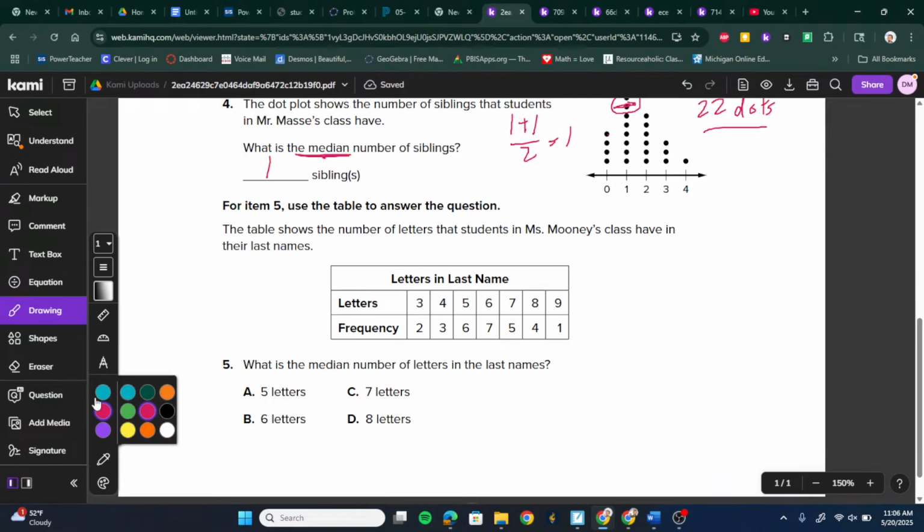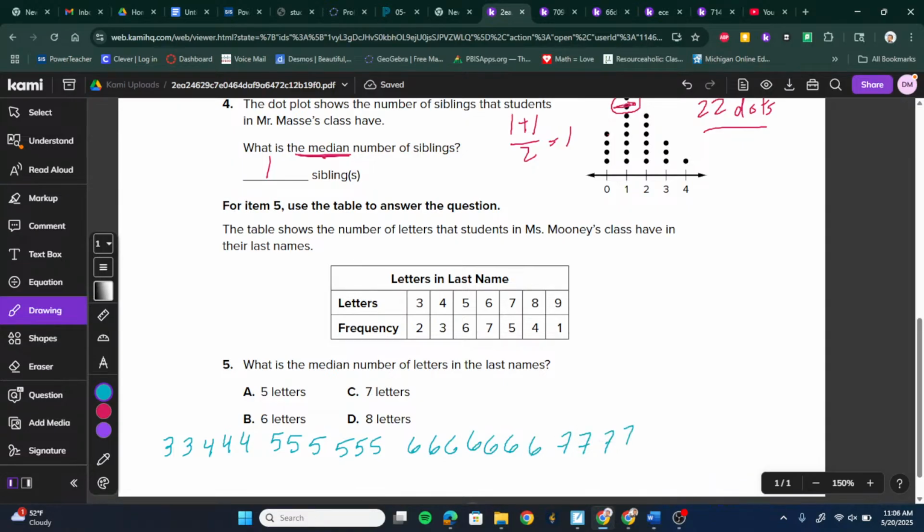Then this last problem for this page, what we're doing here is we're taking the frequency of these. So we're going to go 3, 3, 4, 4, 4, 5, 5, 5, 5, 5, 5, 6, 6, 6, 6, 6, 6, 6, 7, 7, 7, 7, 7, 8, 8, 8, 8, and then 9.